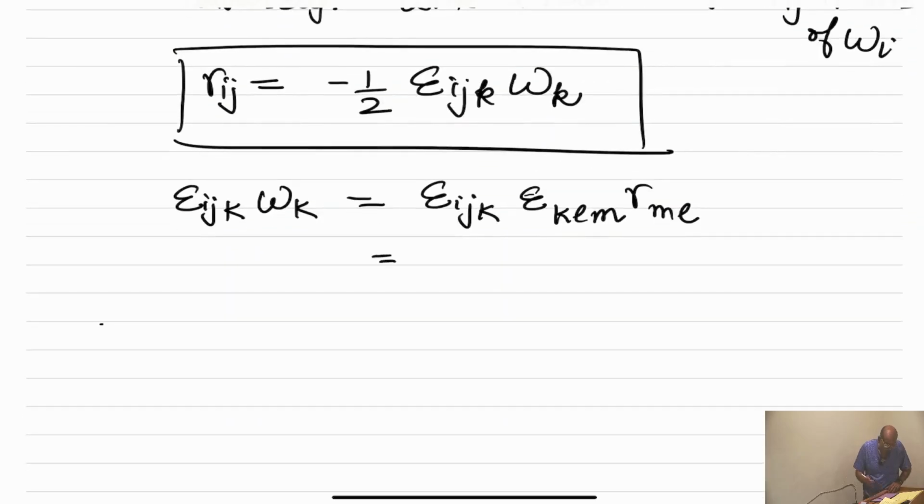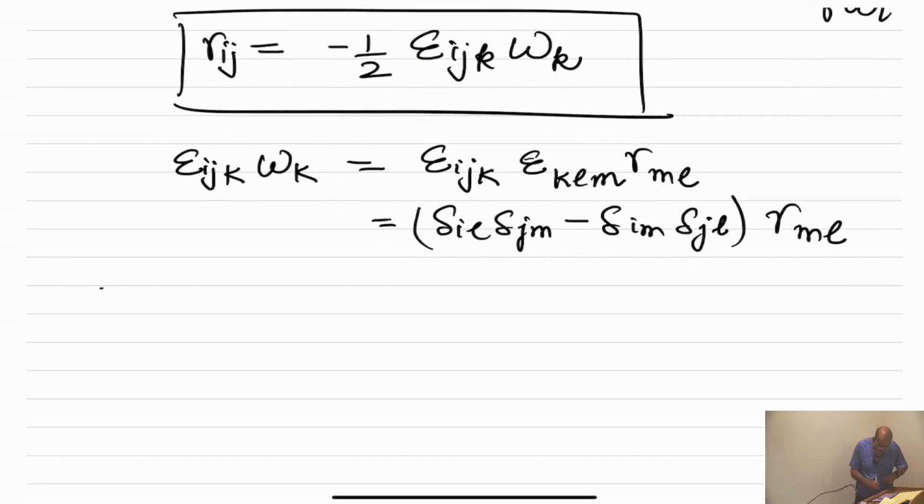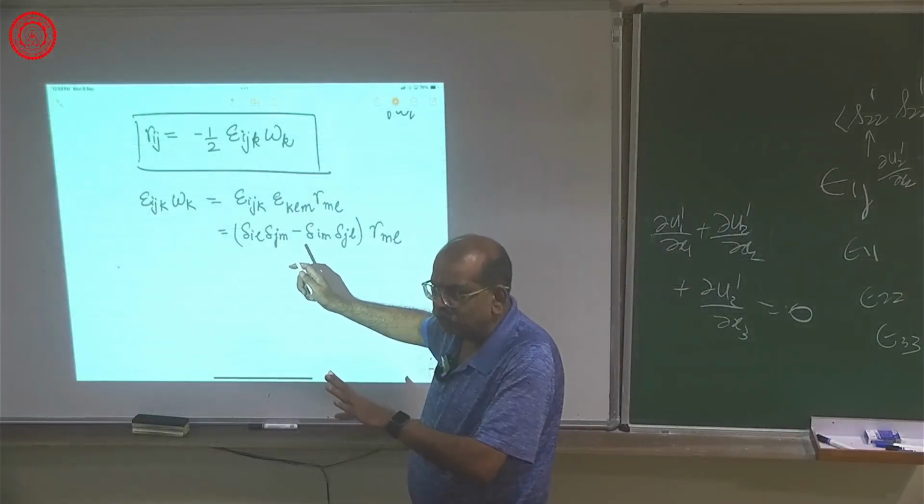And here now this can be written as delta_il delta_jm minus delta_im delta_jl, times R_ml. This relation comes from the summation of epsilons, when 2 epsilons come together.